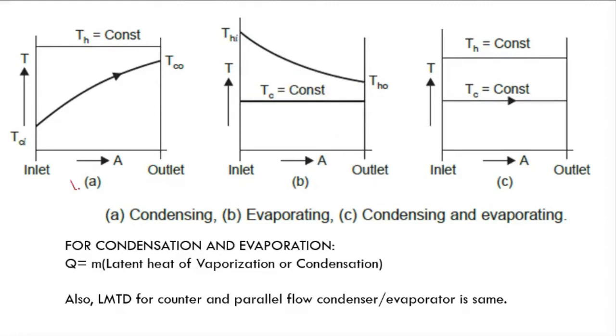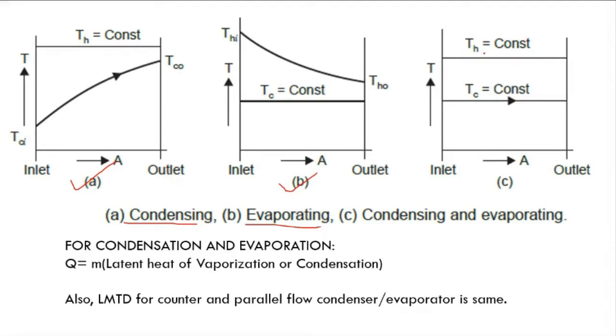So this first case will be called condensation and the heat exchanger can be termed a condenser. In the second one, the process is evaporation and the heat exchanger can be called an evaporator. In this last case, condensation for one fluid is taking place and evaporation for the other fluid is taking place.